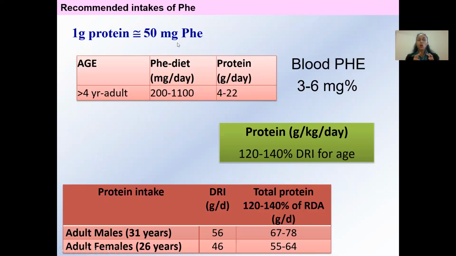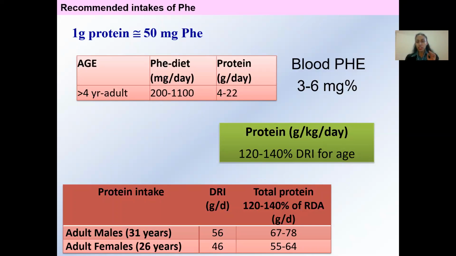All right, so according to the national guidelines, for children 4 years and beyond up to adulthood, the dietary Phe intake should be between 200 to 1100 milligrams per day. This roughly translates to 4 to 22 grams of protein, meaning in the diet, they should not have more than 22 grams of intact dietary protein.